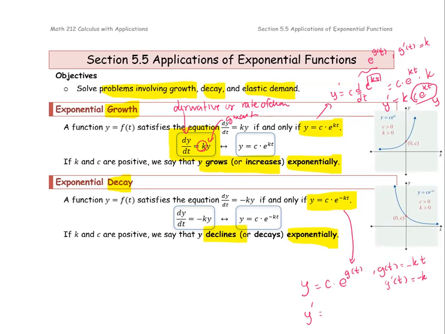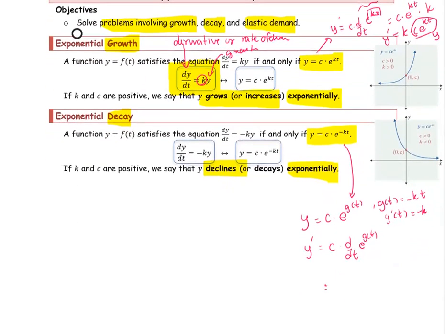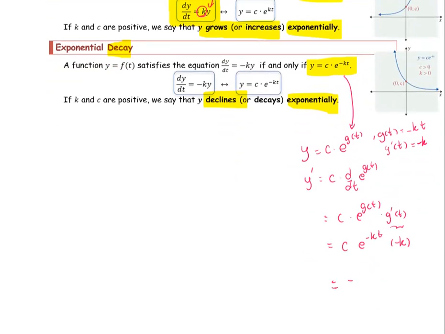The y prime, which is the derivative of e to the power g of t with respect to t, will be obtained as e to the power g of t multiplied by g prime of t. Replace g of t with negative kt and g prime with negative k, and we can simplify to negative k times c times e to the negative kt, which is exactly the same as negative k multiplied by y. So this is the relationship of the rate of change and the quantity itself.